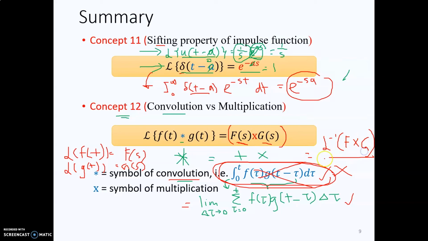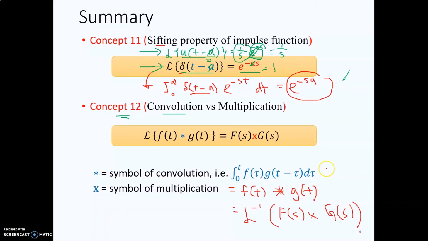So this is the same answer as performing this, but this is much easier and simpler. In short, instead of performing the convolution operation here, which is complicated and time consuming, we can perform the multiplication in the Laplace domain.